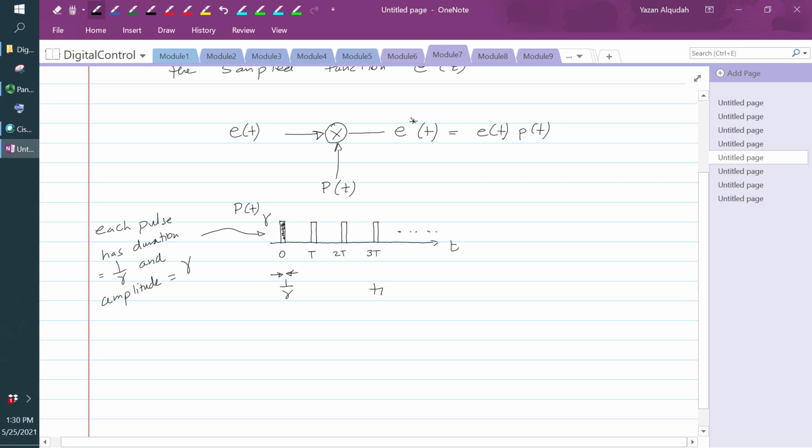So I write it here, time between pulses is equal to t.